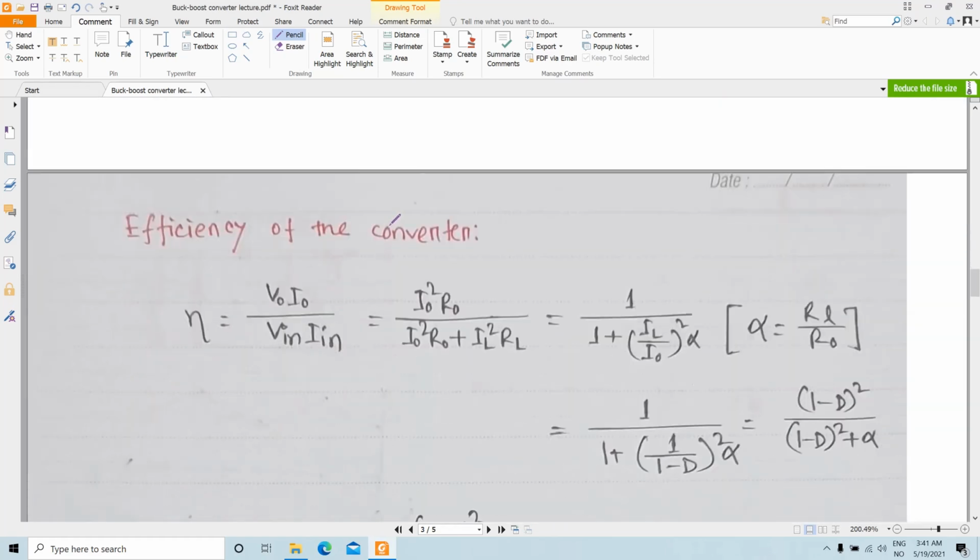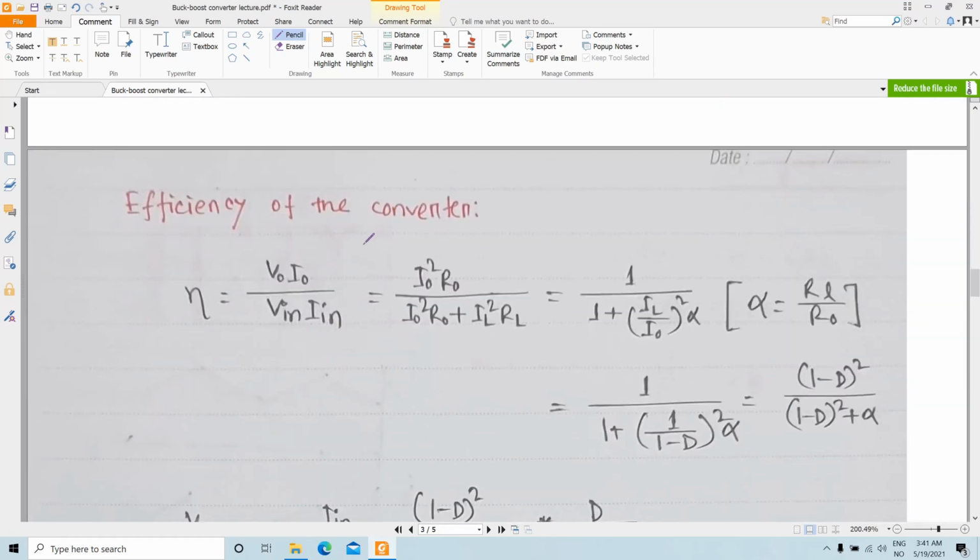Okay, so the efficiency of the converter. Of course we have studied that there are non-idealities present in the circuit because of the stray resistances from the inductor, stray resistances from the capacitor, and of course the forward voltage drop or the on resistance of the diodes and transistors.